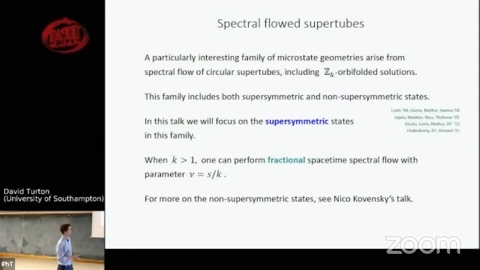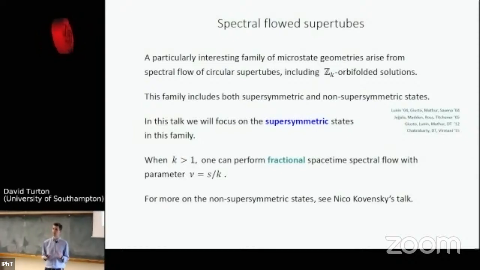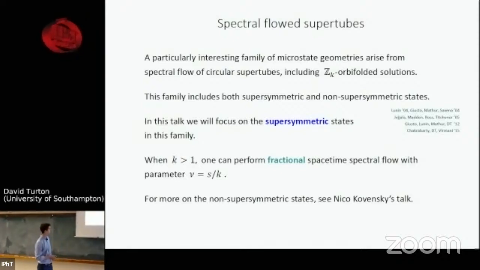So these solutions were made back in '04-'05 by Lunin, Giusto, Mathur, and Martelli. And then later on in a couple of papers, we understood that there's actually a larger set of states that can be studied with simple generalizations of these solutions, which involve fractional space-time spectral flow. And that's important physically, as I'll review in a moment.